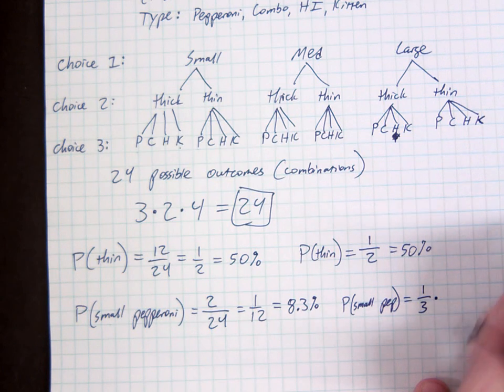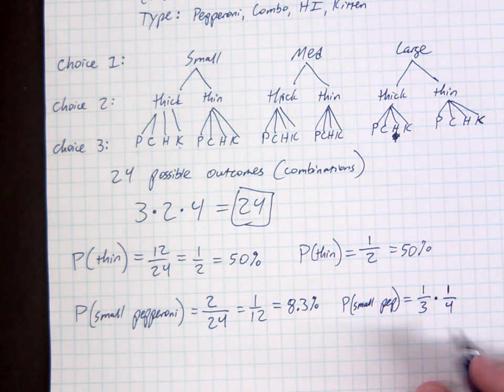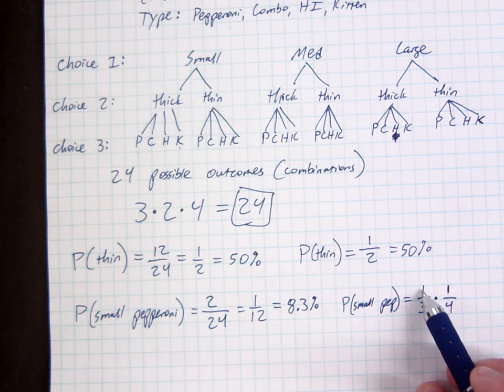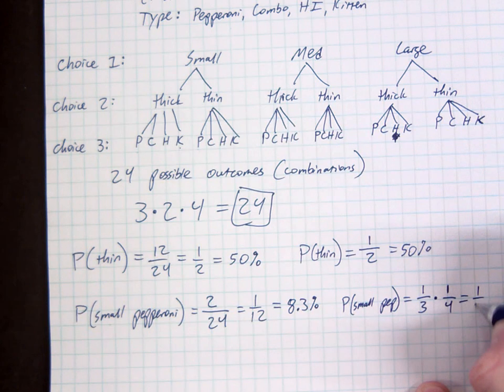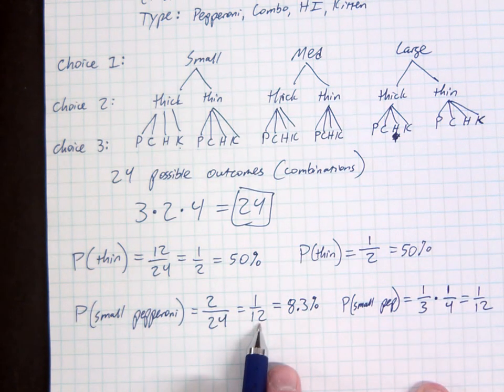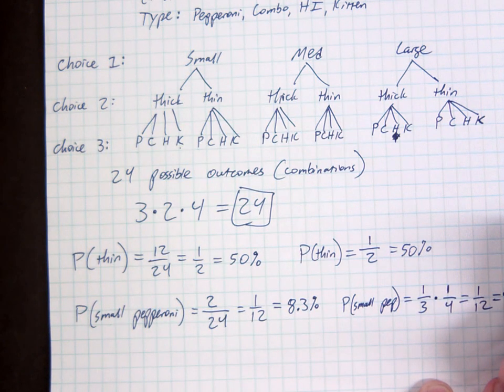Topping. How many pepperonis are there out of all the possible toppings? Well, there's 4 possible toppings, and 1 of them is pepperoni. So notice if you multiply your first choice by your next choice, you get 1/12, which is the same exact thing that we had when we used the diagram and counted the actual outcomes. And so we get 8.3% again.